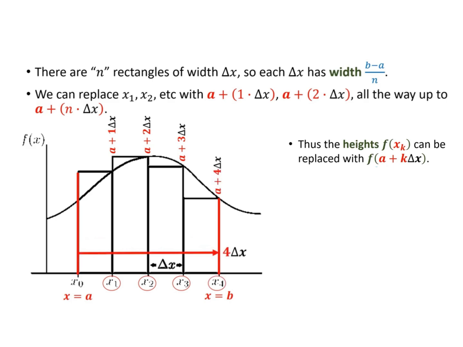Now, here's where it gets even more algebra-y, okay? Since delta x is b minus a over n, we established that at the beginning, we can rewrite this change in x as this. So we're starting to develop, I'm starting to show you where that formula comes from and why it is that way.